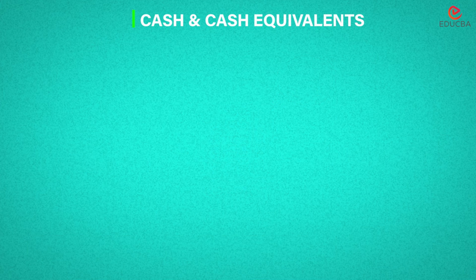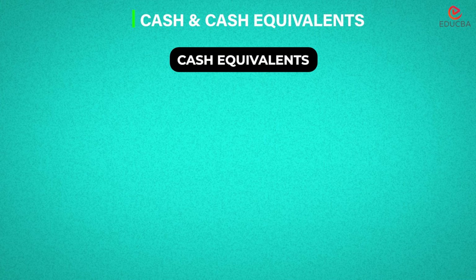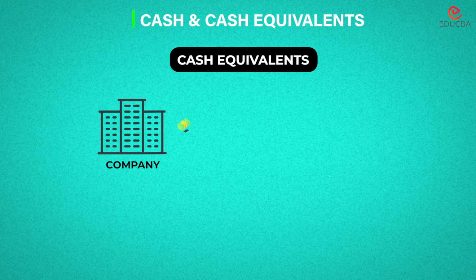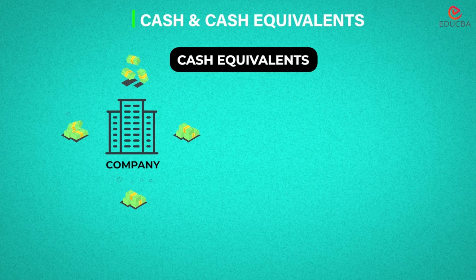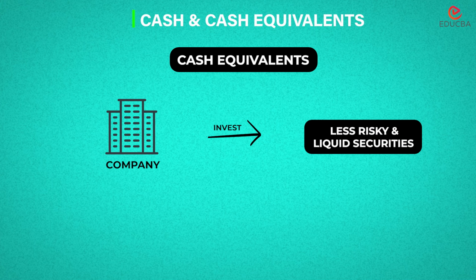The other term, which is called cash equivalent, is equally important because many a time, let's say when the company has excess cash, a lot of cash in the bank balance, they may not want to just keep it without earning any interest on it, because normally checking deposits don't provide interest income. So what companies or businesses normally do is they invest in very low-risk and liquid securities which have the ability of generating income.